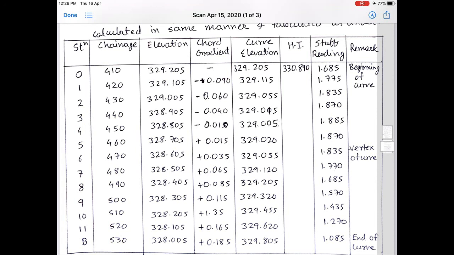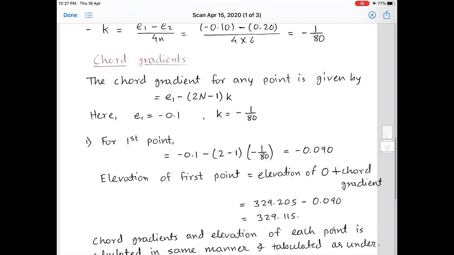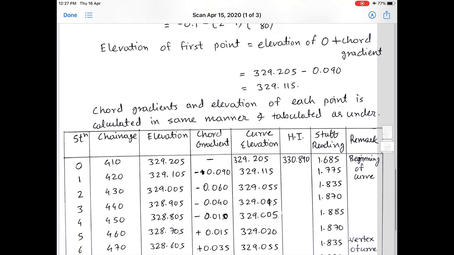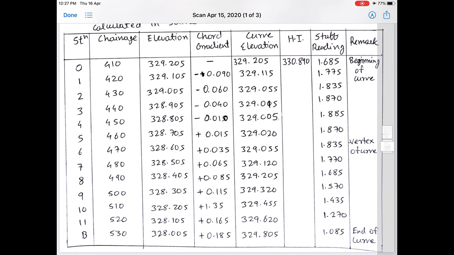So minus E1, we find out the length of the tangents. Now the chord gradients are found by using the above formula, that is chord gradient is equal to E1 minus (2n minus 1) into K. So by using this formula, we have found the chord gradient of each point.